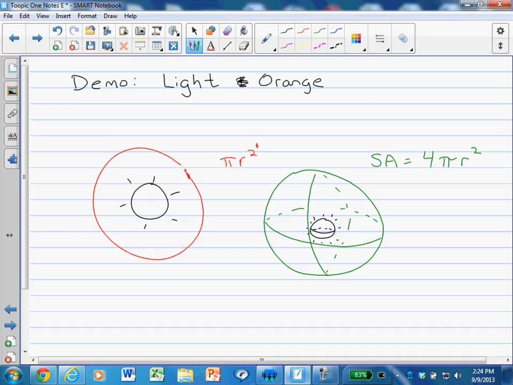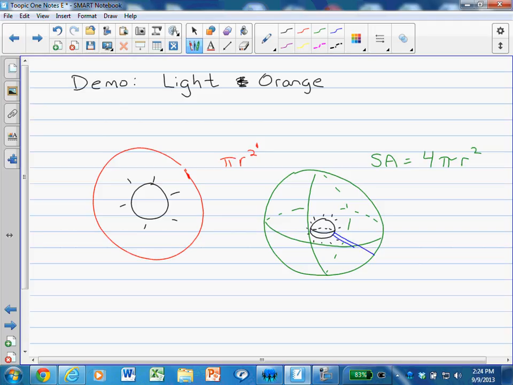Okay, so now as the light comes out from our sphere, we could look at one region of it right here, right?